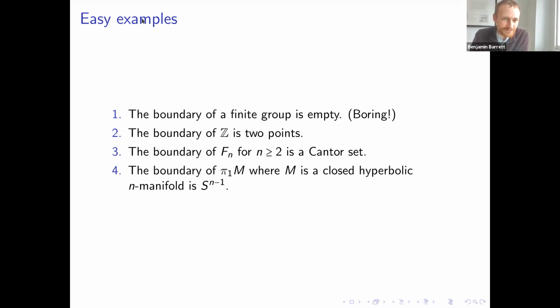Finally, a very nice, simple space that can be the boundary of a hyperbolic group: spheres can be boundaries of hyperbolic groups. If M is a closed hyperbolic n-manifold, then pi1 of M acts geometrically by deck transformations on n-dimensional hyperbolic space.